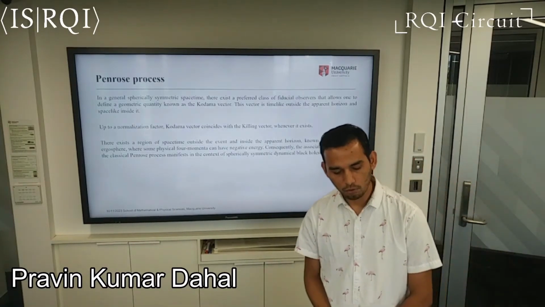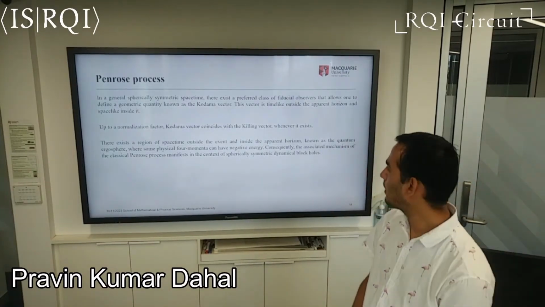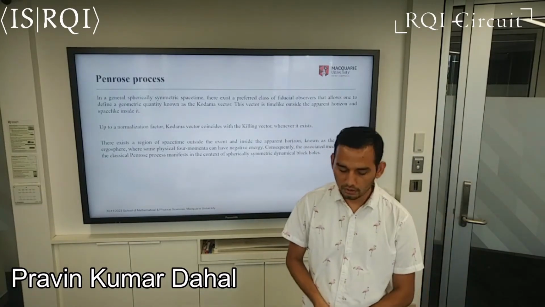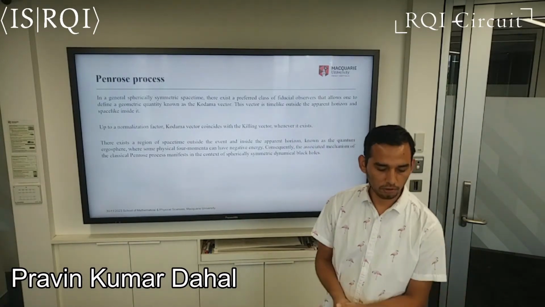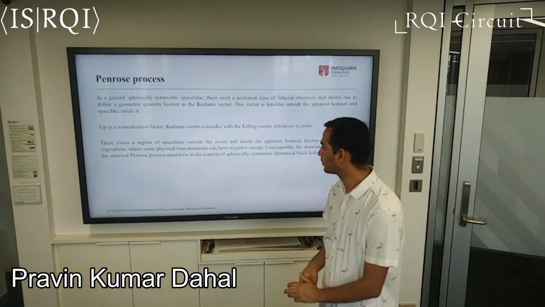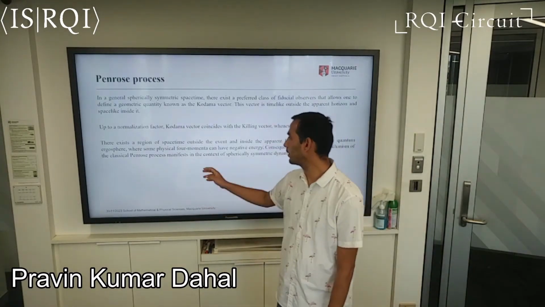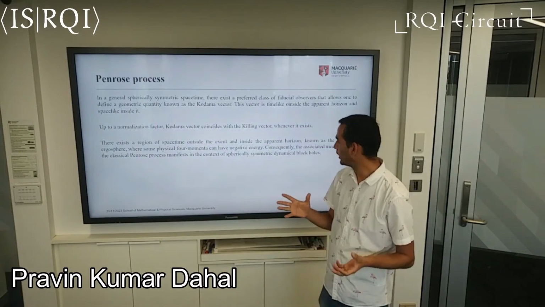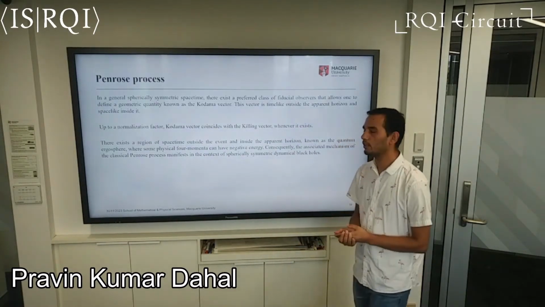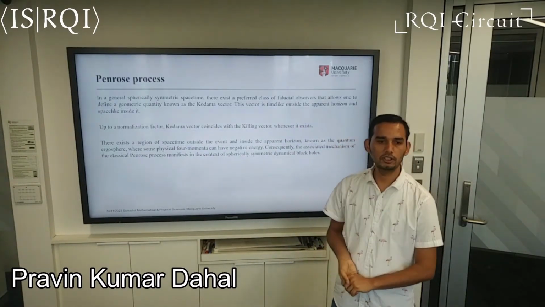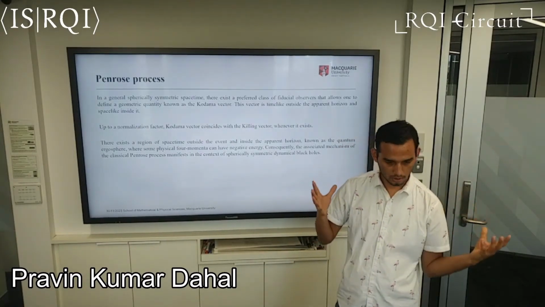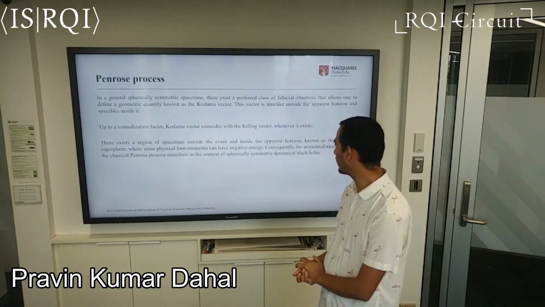And if we have the Kodama vector, then we know it is time-like outside the horizon and space-like inside the horizon. So in a spherically symmetric dynamical spacetime, there exists a region between the event and apparent horizon, which we call the quantum ergosphere. In that region, since it is between the apparent and event horizon, particles can escape.